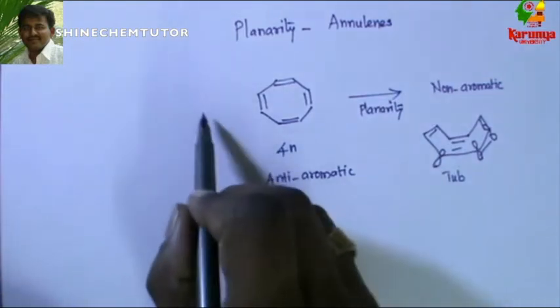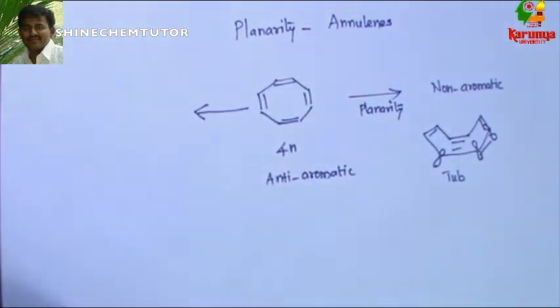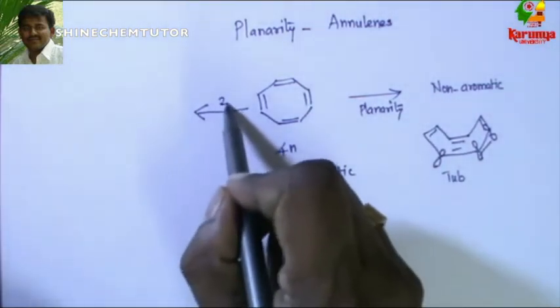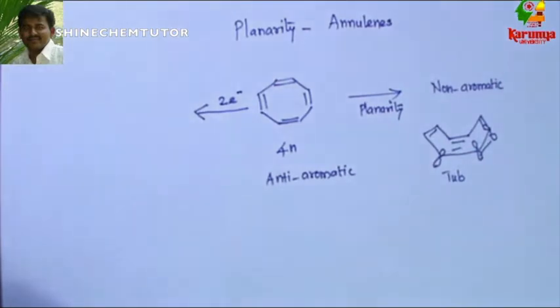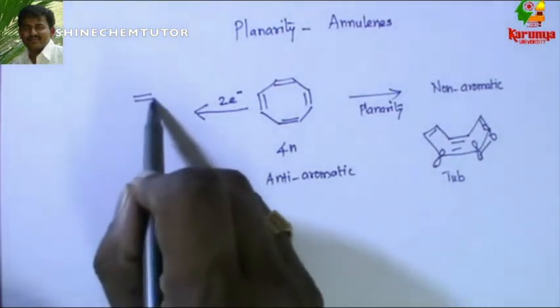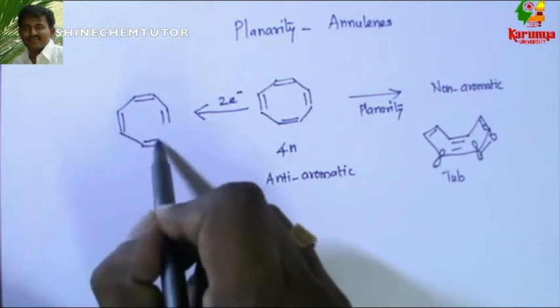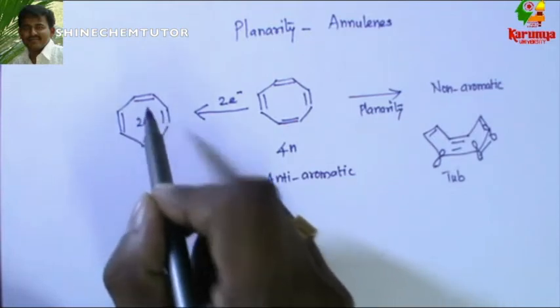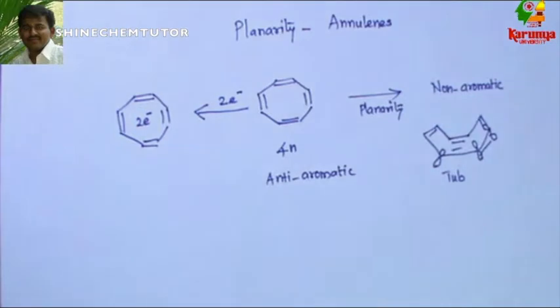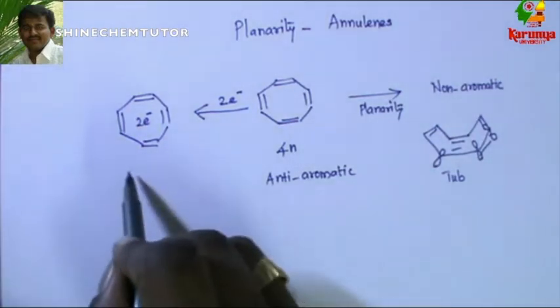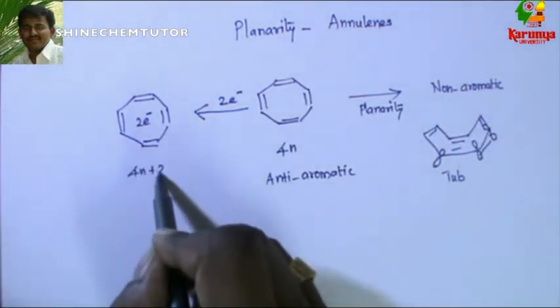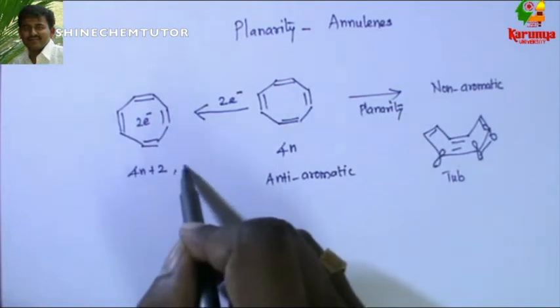On the other hand, if I add 2 electrons to this, what I get is a molecule like this. Now it is a 4n plus 2 system. The number of electrons is 10.